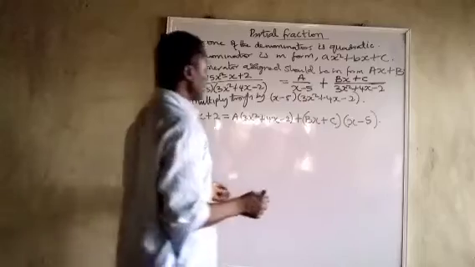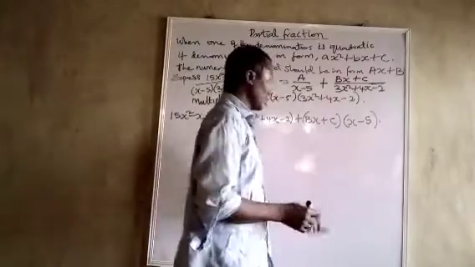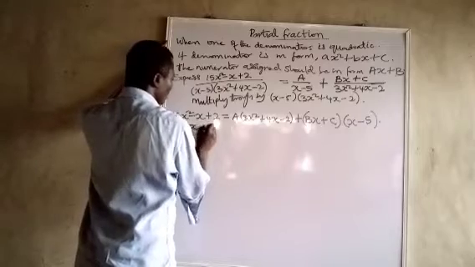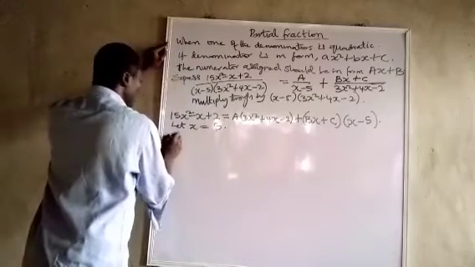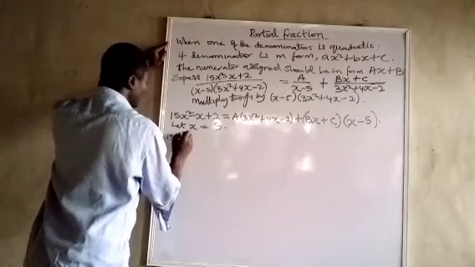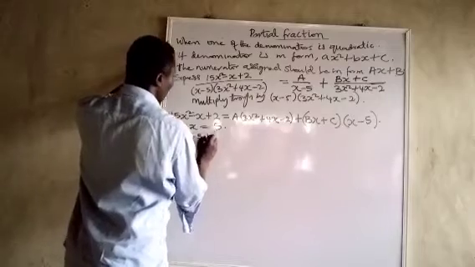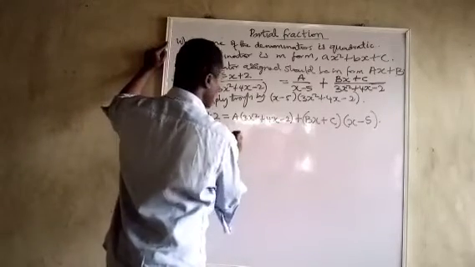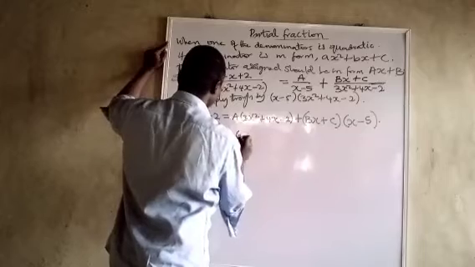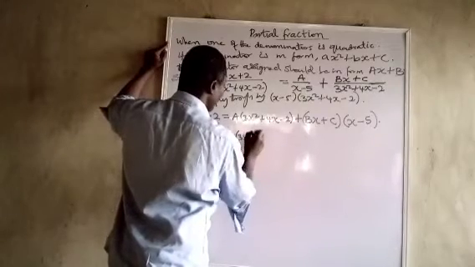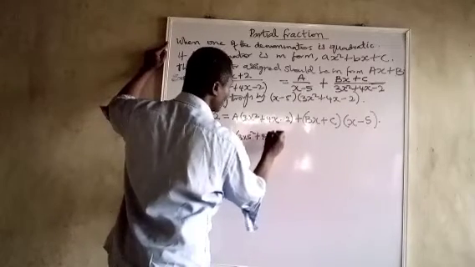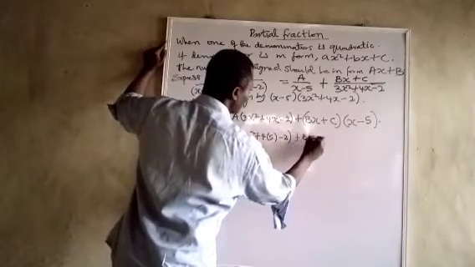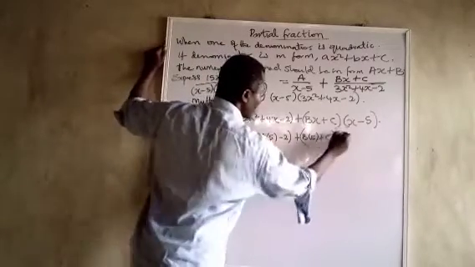Now, if you look at this, this is the easier one to work with. I make x equal to 5. So what am I going to have? 15 into 5 squared minus 5 plus 2 is equal to A into (3 times 5 squared plus 4 times 5 minus 2) plus (b times 5 plus c) into (5 minus 5).